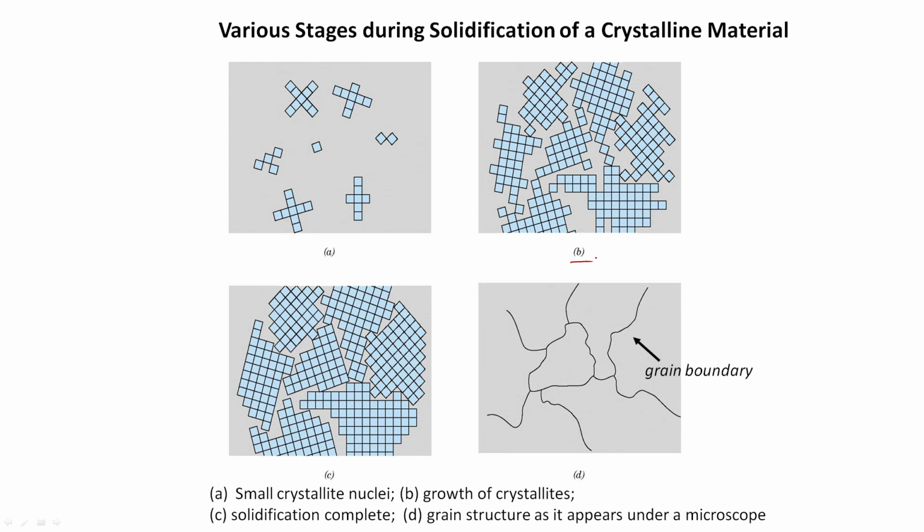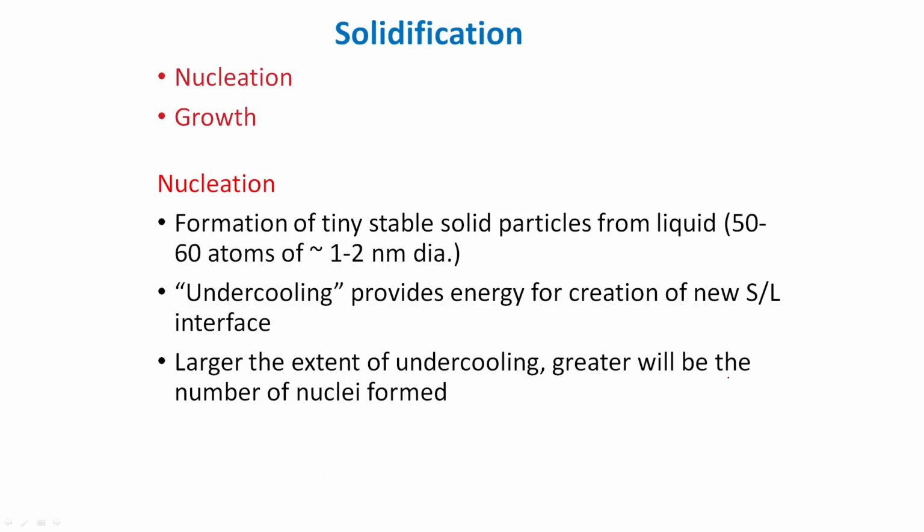These boundaries are called grain boundaries, as you can see here. This is in a nutshell what happens in solidification: crystals start forming as nuclei, then grow and form boundaries, and you see this grain structure under the microscope. That is what you should know in a nutshell.